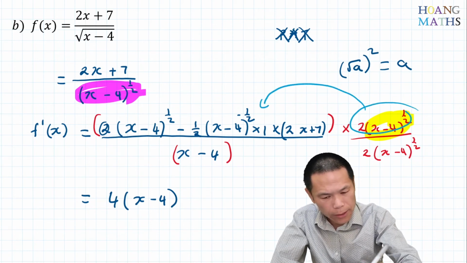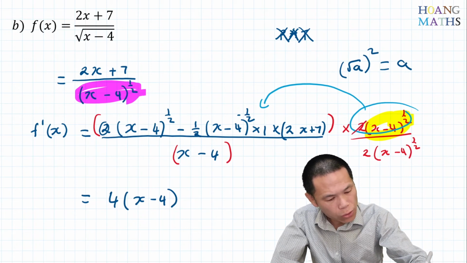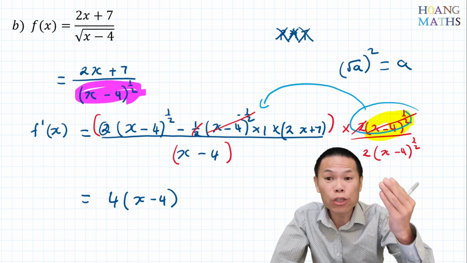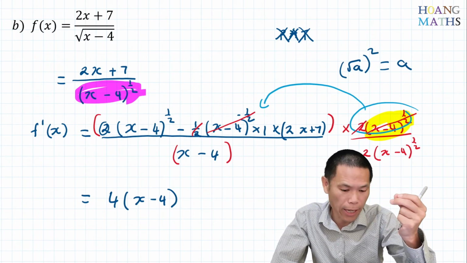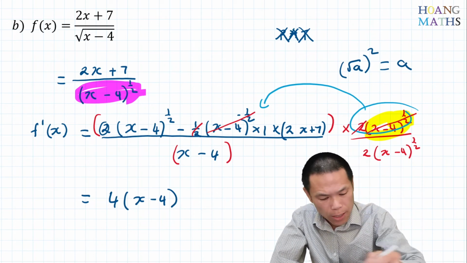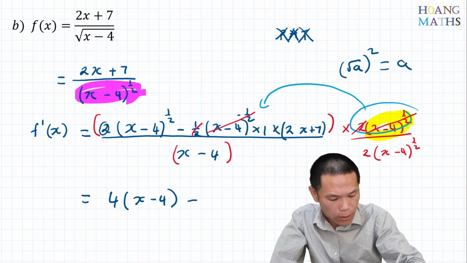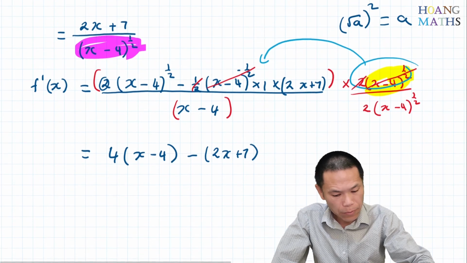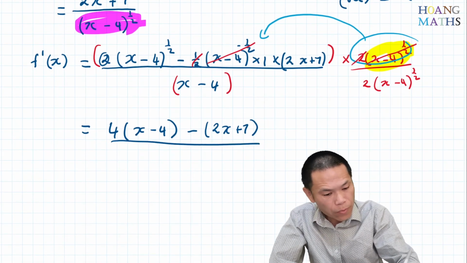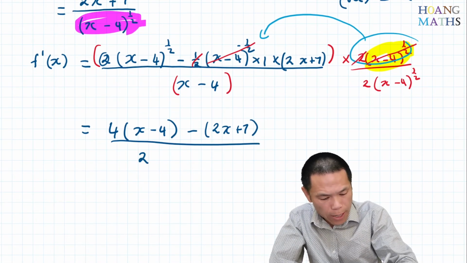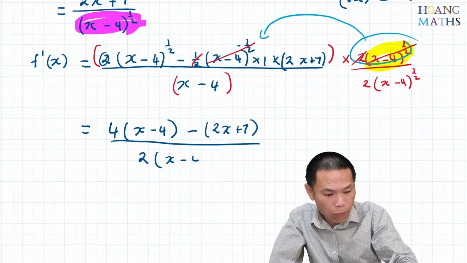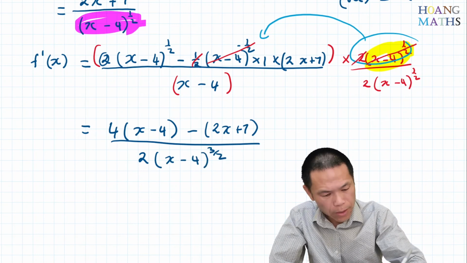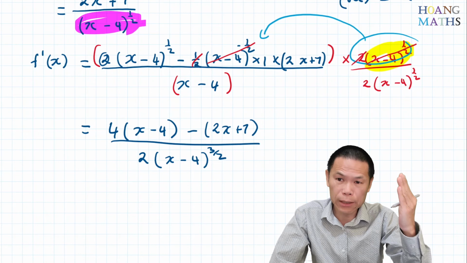So these two you can cancel with this, and that times together gives me power of 0. So power of 0 is 1, okay? So that will leave me with minus 2x plus 7. And that's it. Over, now 2, and then x minus 4 power of 3 over 2. And 1 plus a half is 3 over 2, okay?